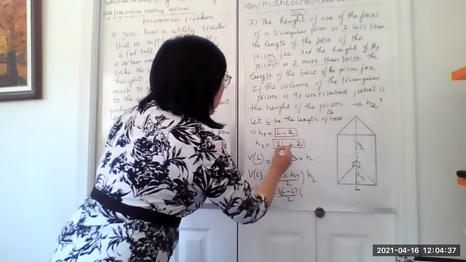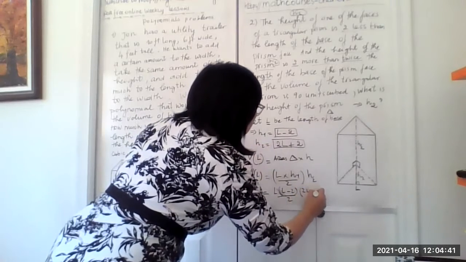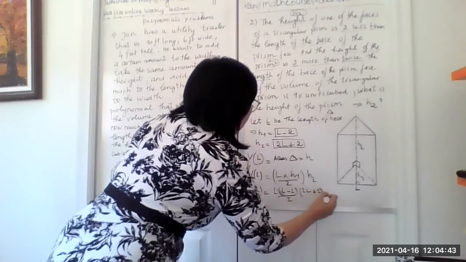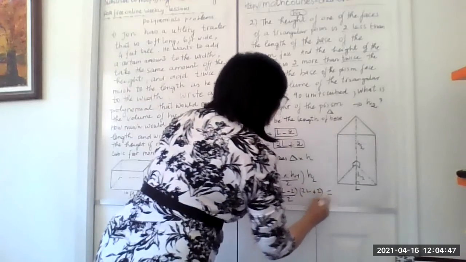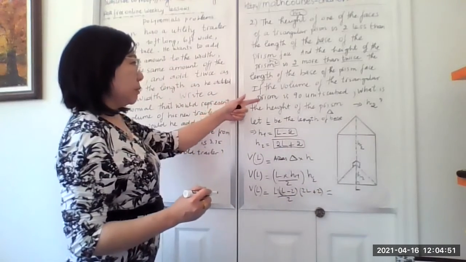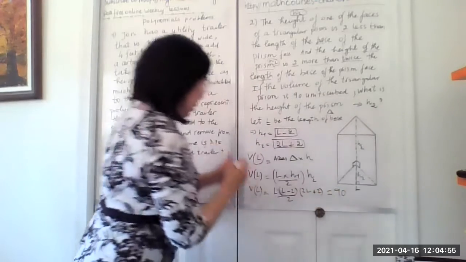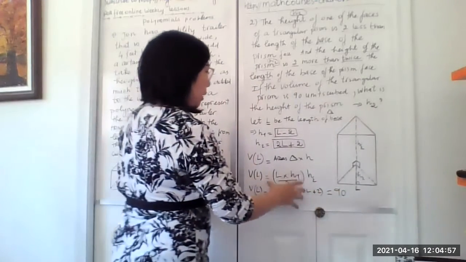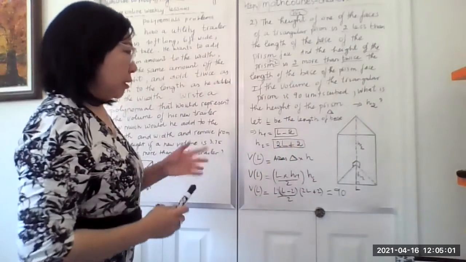And times H2, which is 2L plus 2. So that's the volume. And we know the volume. They said that if the volume of the triangular prism is 90 units, so it equals 90. So that's the equation we established based on this word problem.